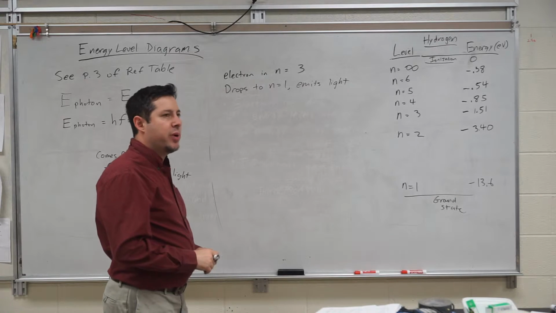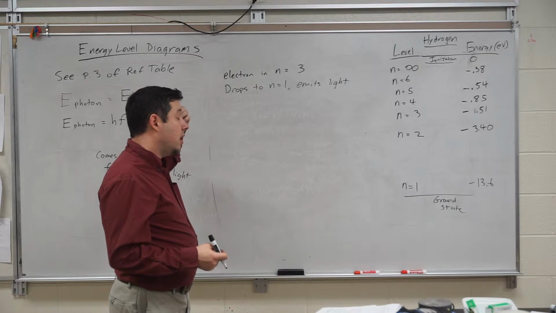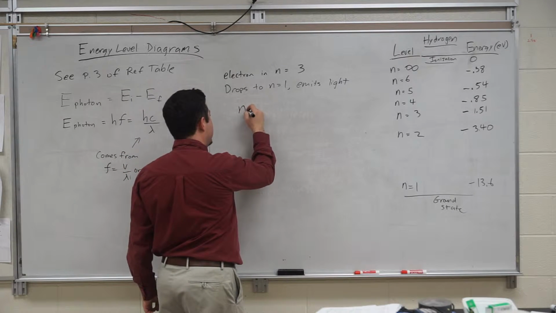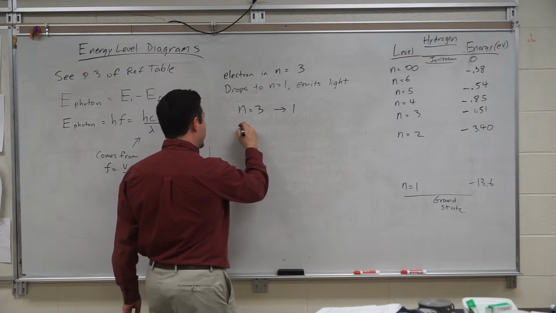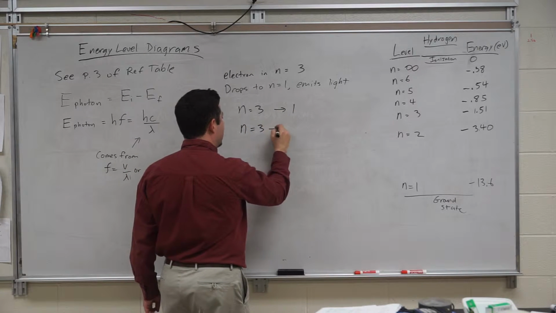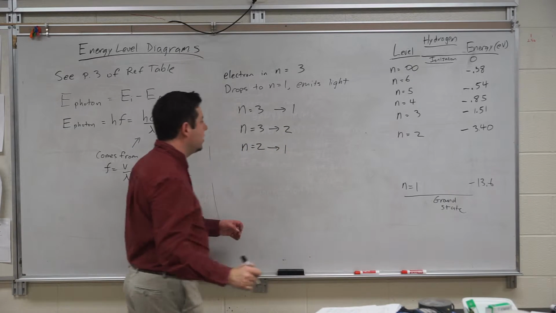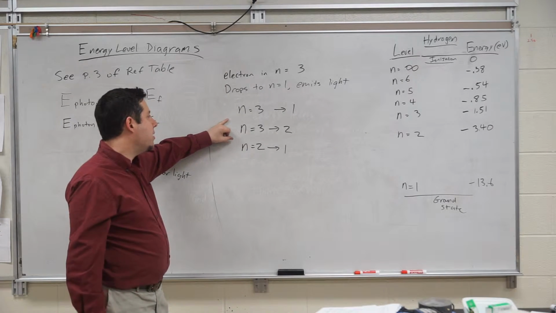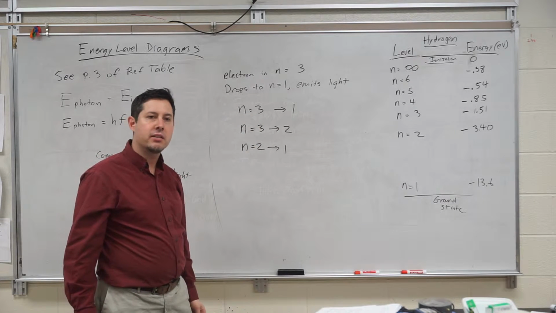Typically you might be using something to energize some of these electrons. So you have a few options. It can go from n equals 3 to 1 directly, but it could also go from n equals 3 to n equals 2, and then drop down from n equals 2 to 1. So you have three different possibilities for what could happen. Now, sometimes you'll know that it goes from 3 to 1, and you can figure out how much energy that is.